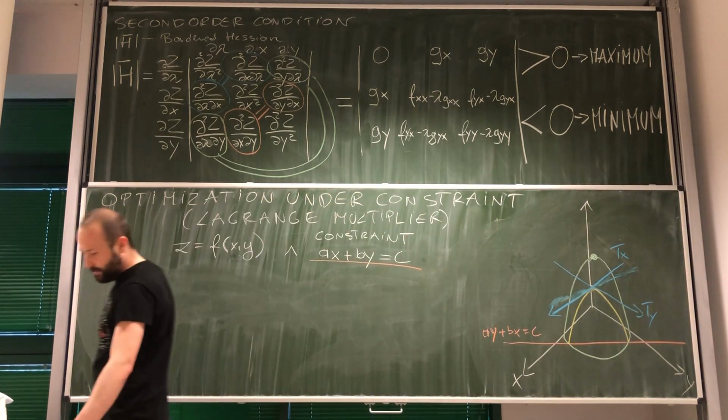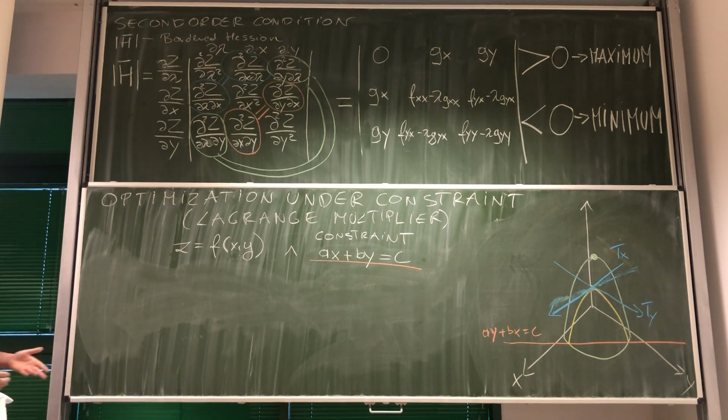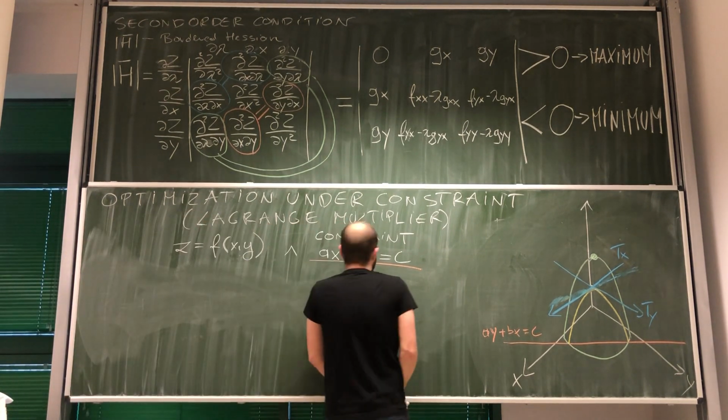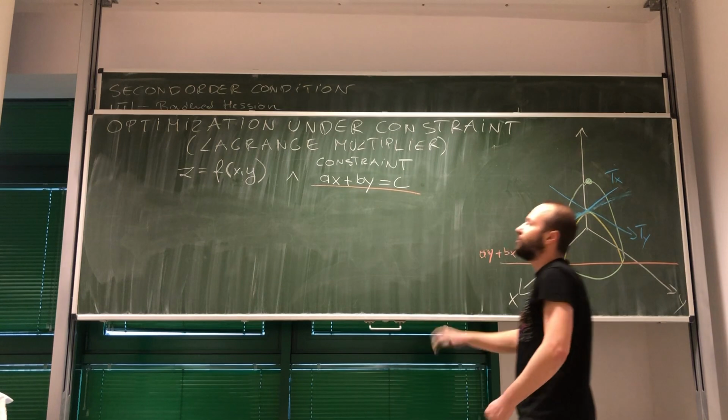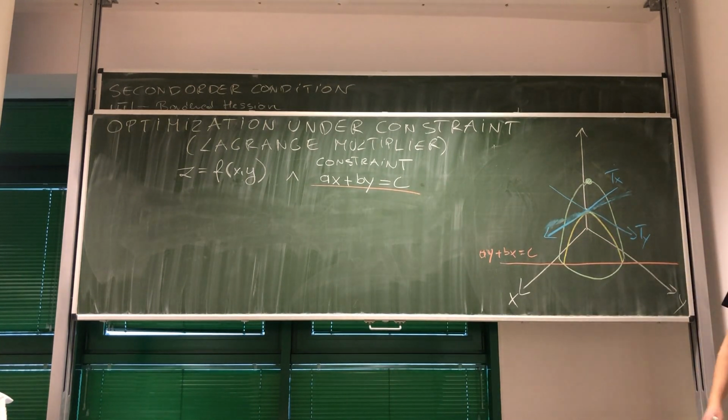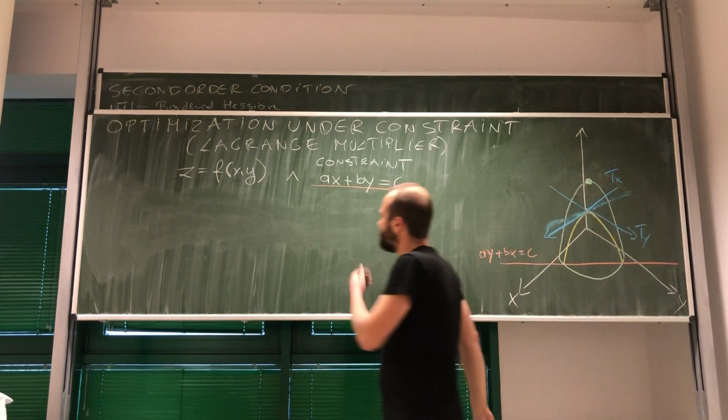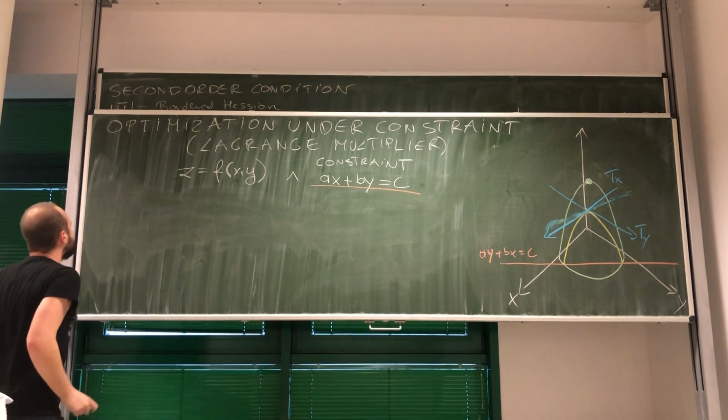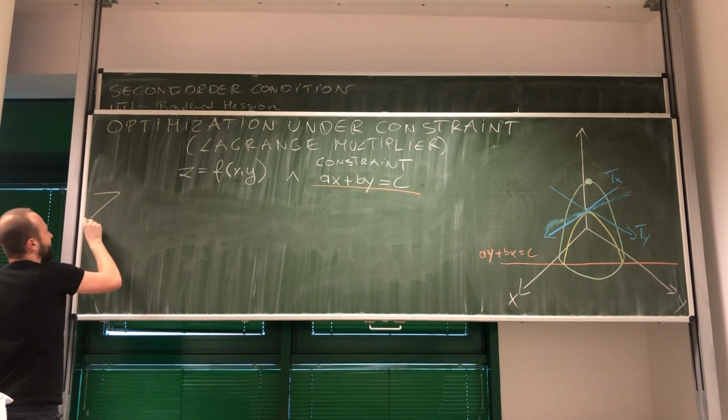Okay, so now that we know what we are looking for, how do we look for it? Look, again, we need to go through the same steps. Now everything's just going to be simpler. Because first, we need to build Lagrange function.